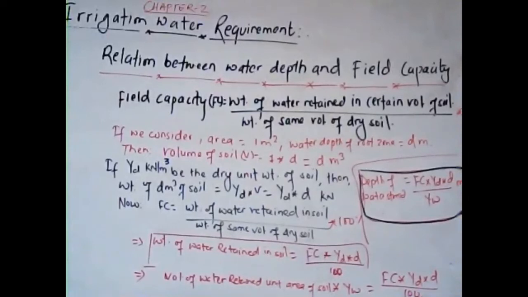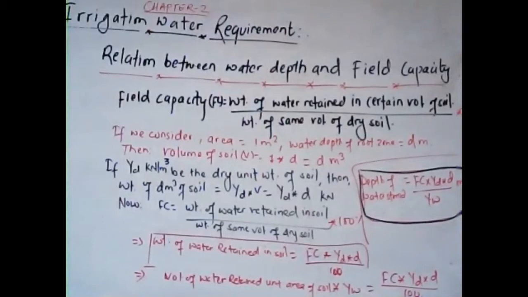Here, if we consider the area to be irrigated is 1 square meter only, and the depth of the root zone is d meter, that is, d meter is the total depth up to the root zone, then we can determine the volume of soil. V equals area into depth, that comes to be d cubic meter.